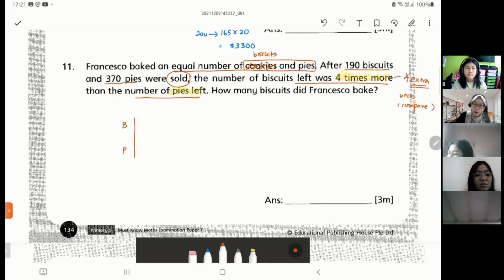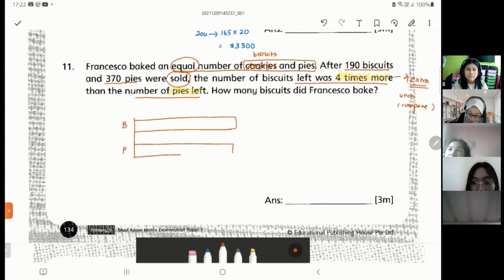And they are supposed to be equal. So we draw an equal model, a model of equal length. Okay, let's say like that. Use a ruler when you draw your model. Okay, does it look the same? Okay, can. Roughly the same. Okay, now this is equal, right? But I did not stop there because I sold some biscuits and I sold some pies. The biscuits, I sold 190.